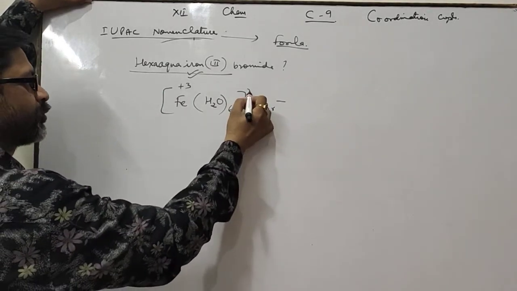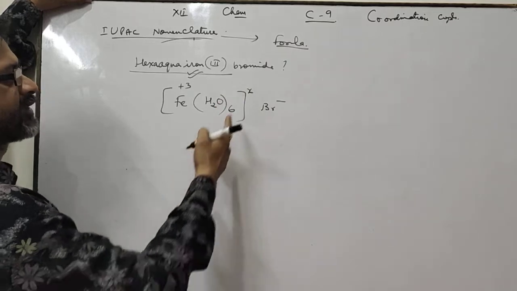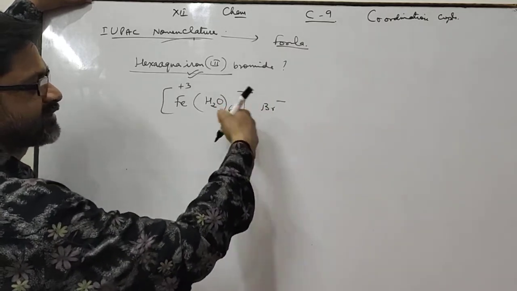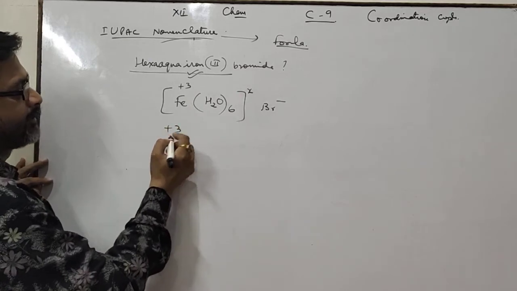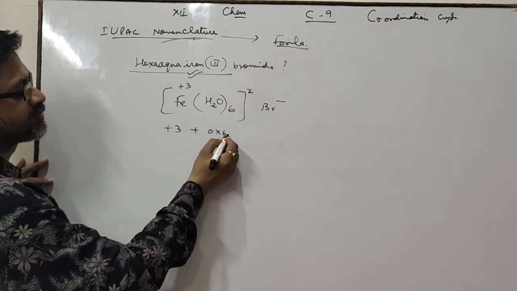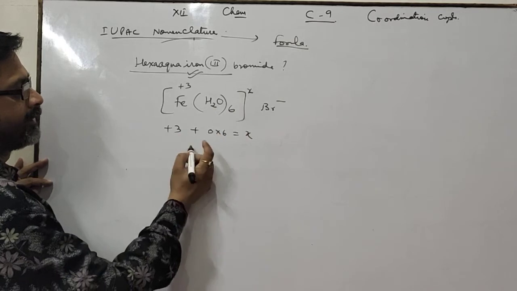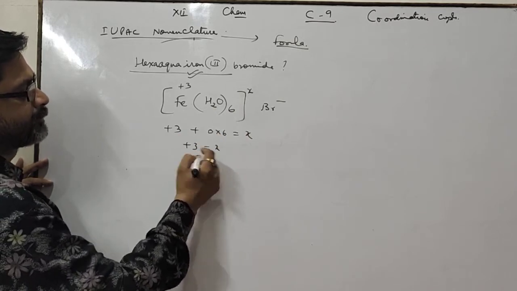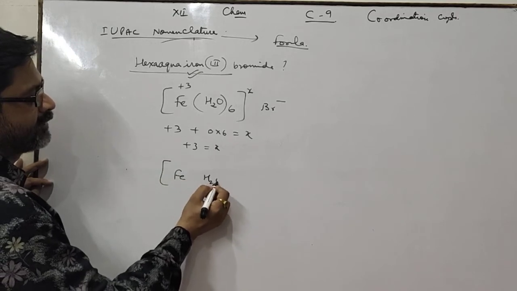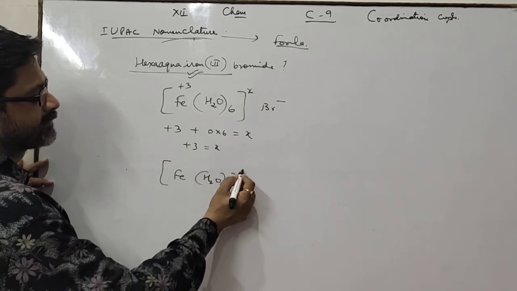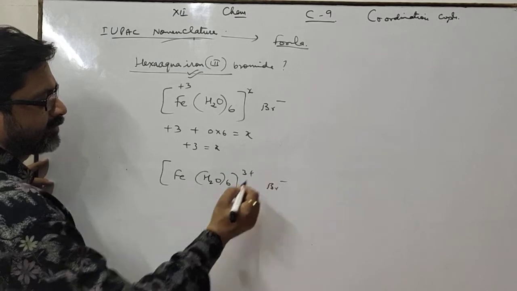To complete the formula, first of all you find the value of x and cross over the charges. It will be x + 0 times 6 equals +3. Hence the formula will be [Fe(H2O)6]3+ and Br-.